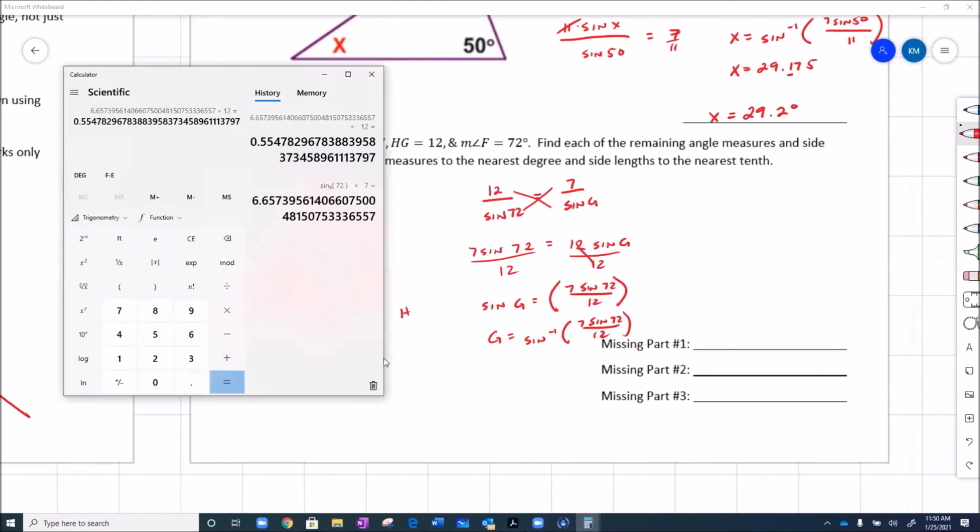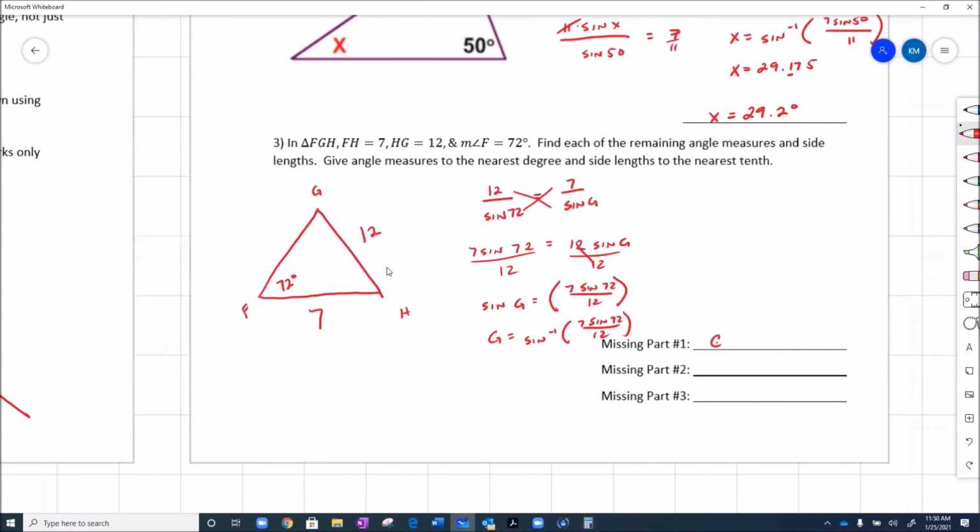I'm going to do inverse sine of that number, and that should give me 33.69. It says to the nearest degree, so I'm going to say 34. So G equals 34 degrees.